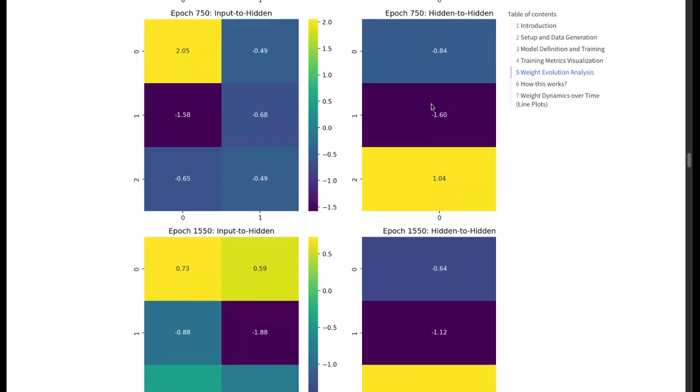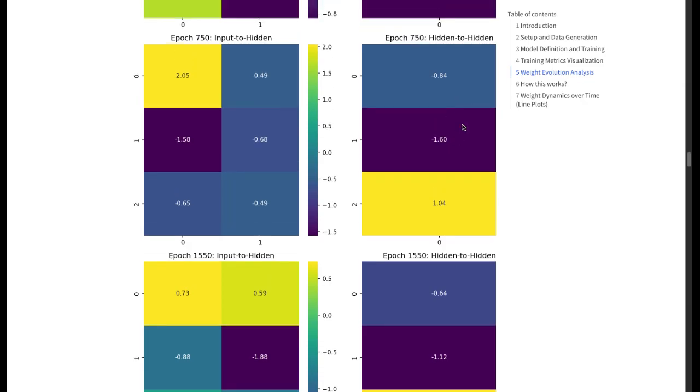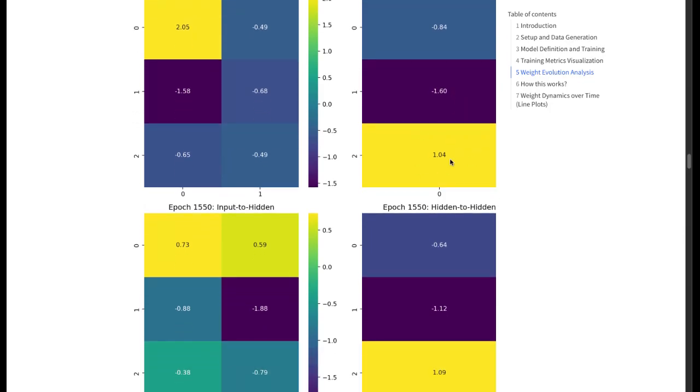So this says, how should I update the memory cell? I have the value in my cell right now, and I need to update it with the new value. How much weight should I put on the new value and the old value?